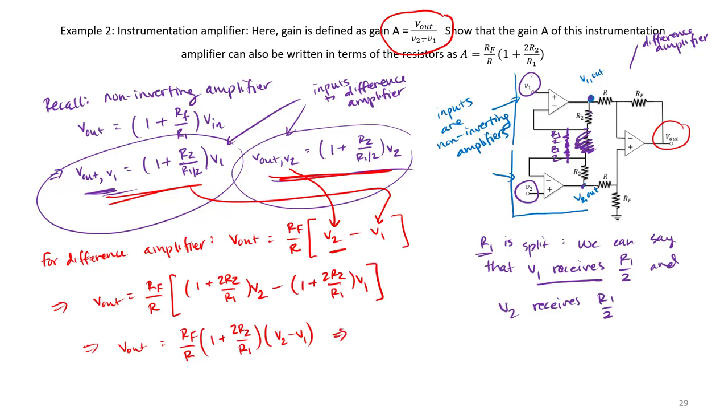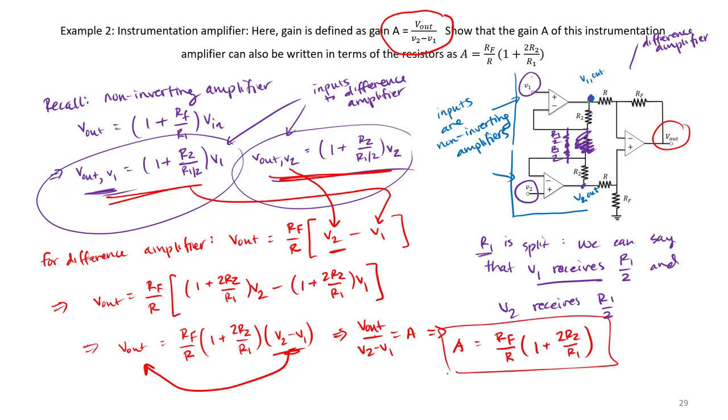So if I rearrange, my gain A is equal to RF over R times 1 plus 2R2 over R1. So we have successfully derived that expression for the gain of our instrumentation amplifier.